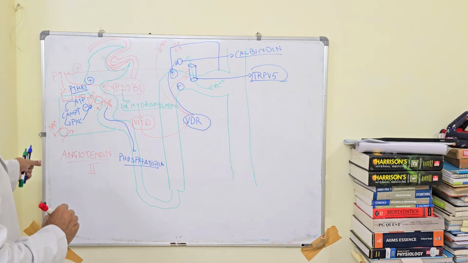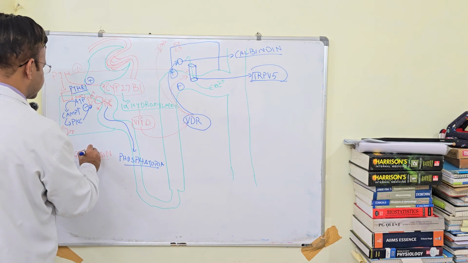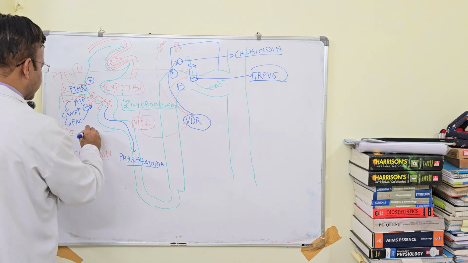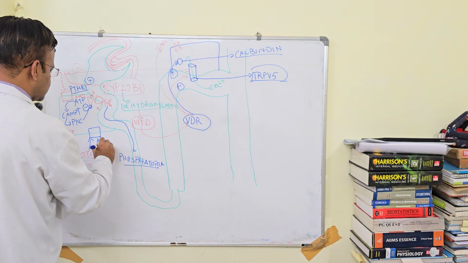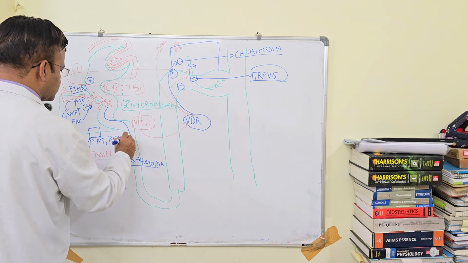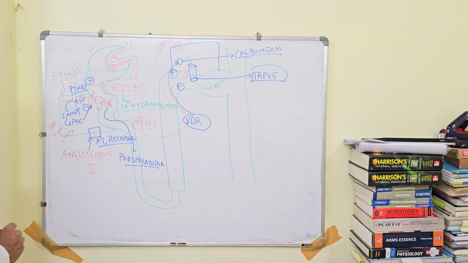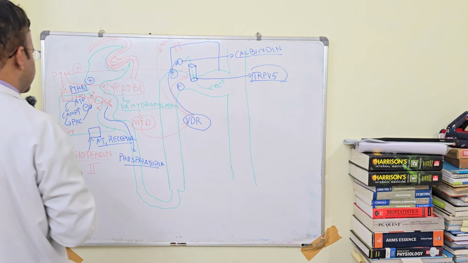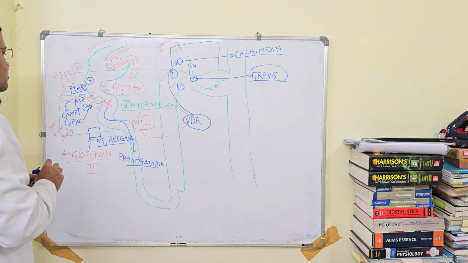Right? This angiotensin 2 will act on the AT1 receptor. Which receptor? AT1. Now this AT1 receptor is going to stimulate one very important exchanger over here.